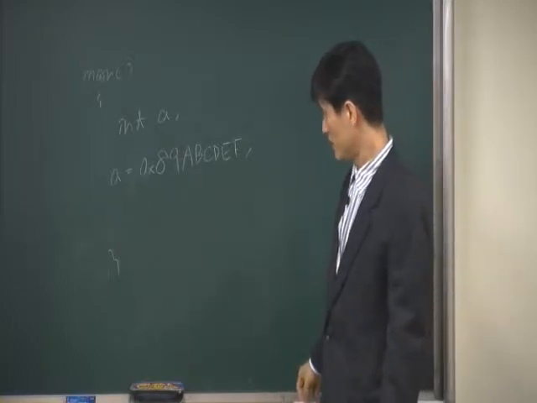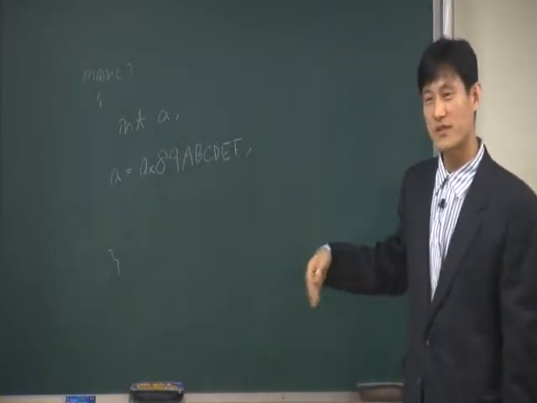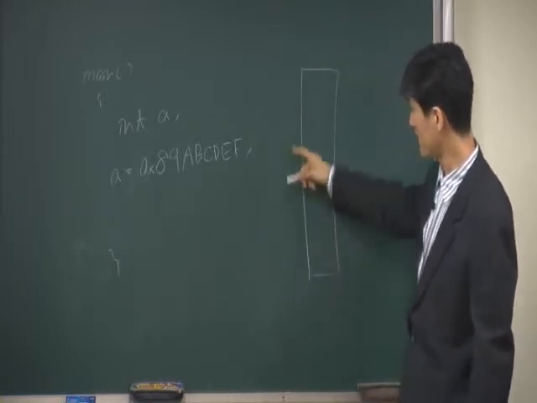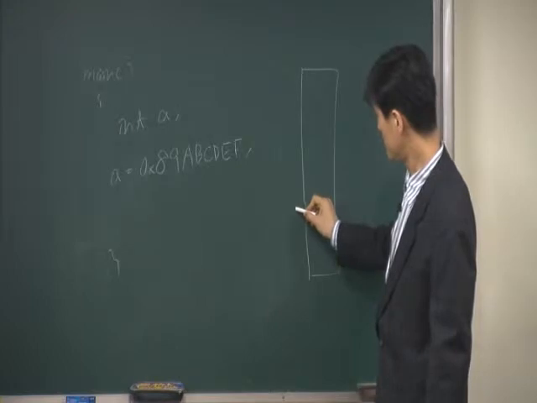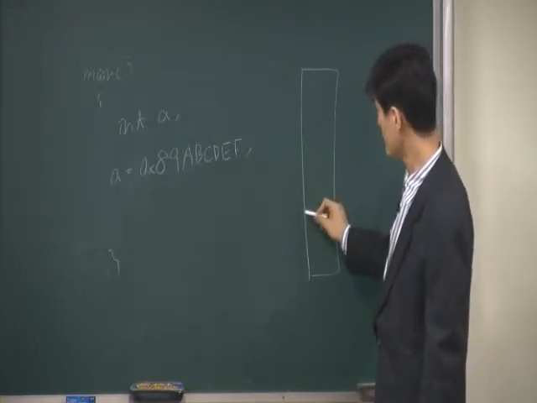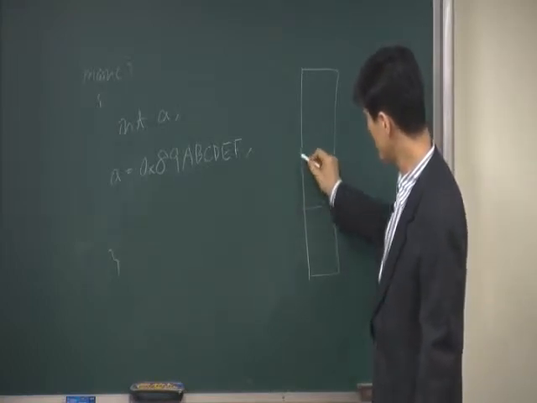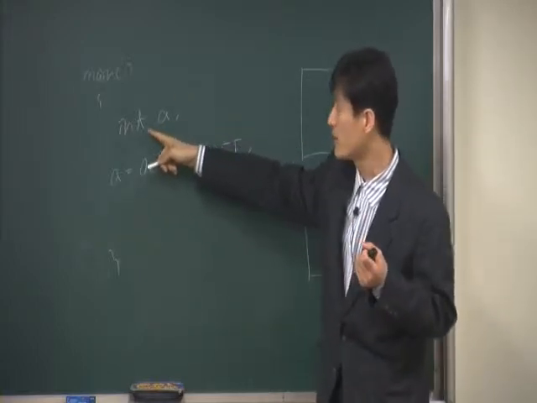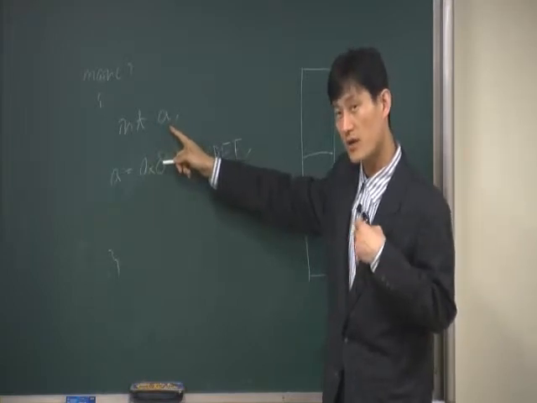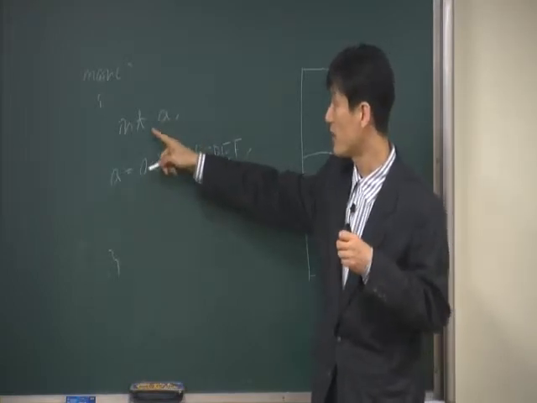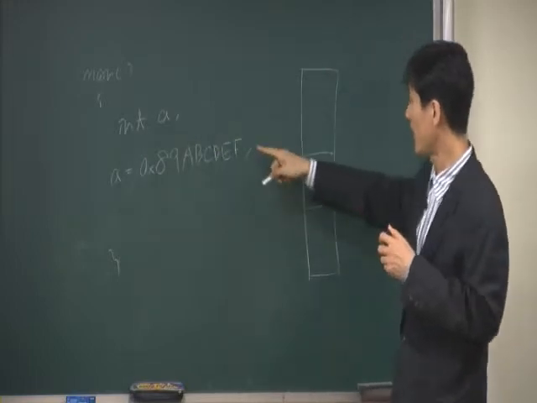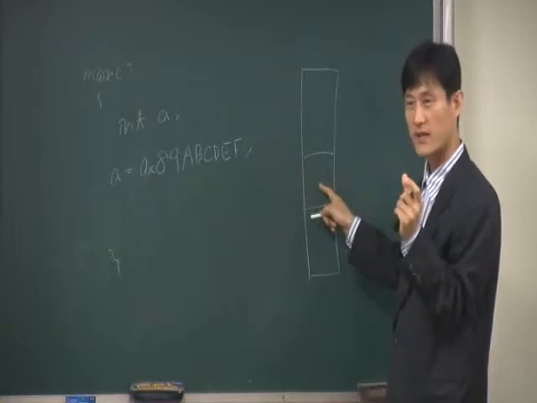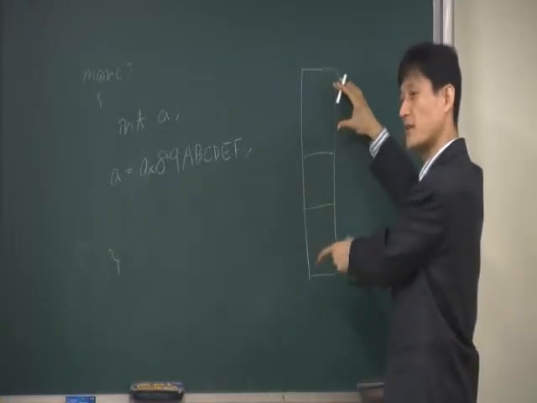Now let's understand what happened inside the memory. We have a memory like this, and memory has an address. Let's say this is the data memory, and inside the data memory, this is where you have A. When you compile this, the compiler reads this and reserves this memory for A. It makes a container in the data memory.